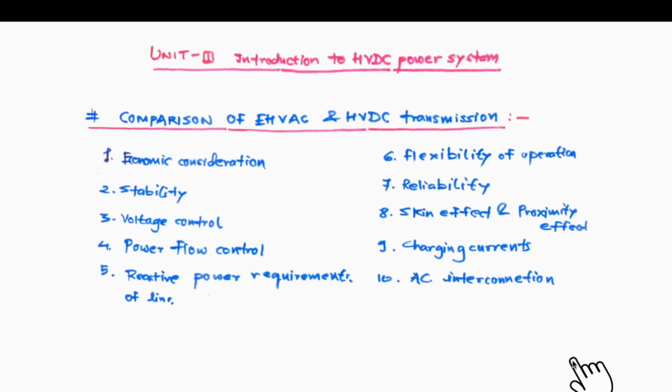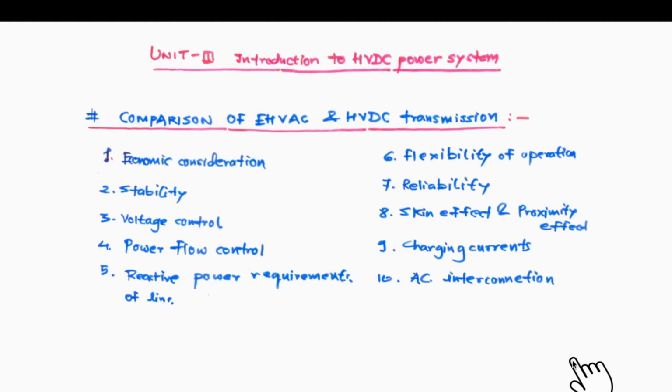So naturally, for long distance transmission, the option for high voltage DC transmission has been assessed and has been in use in several countries all over the world since 1960, 65. There, it is realized that high voltage DC transmission offers several advantages in terms of bulk power transmission over long distances.